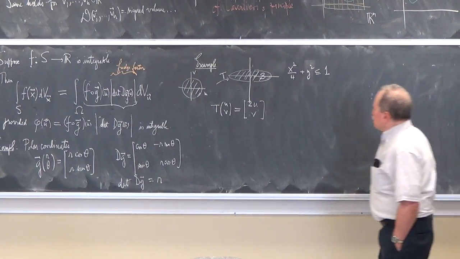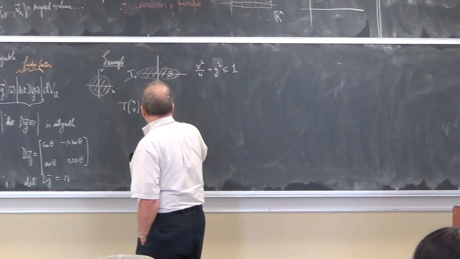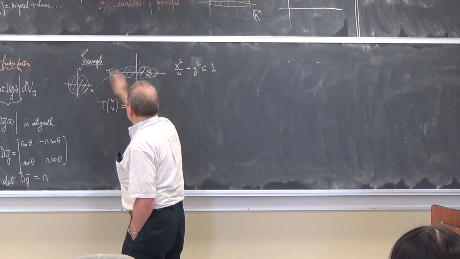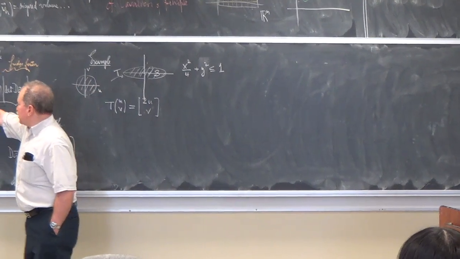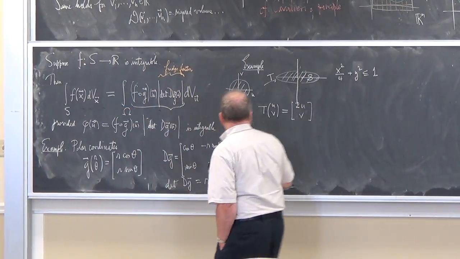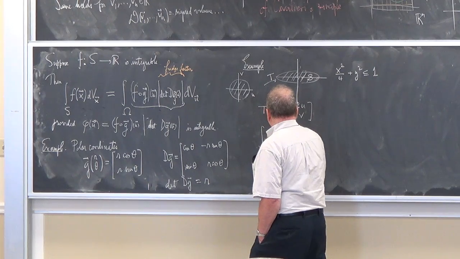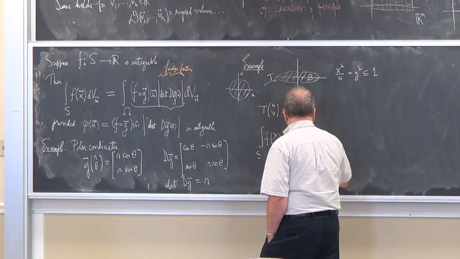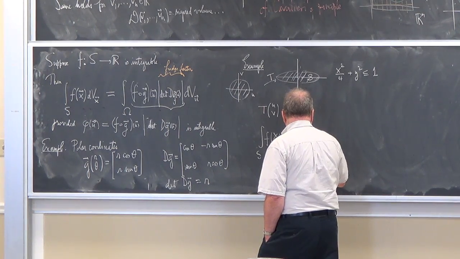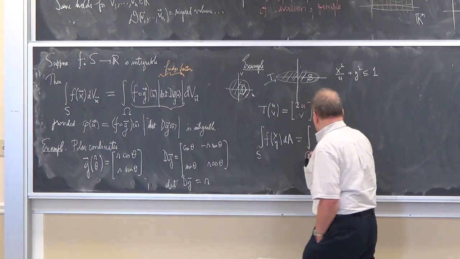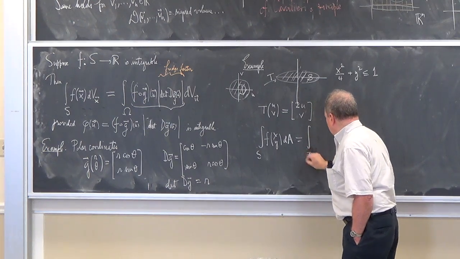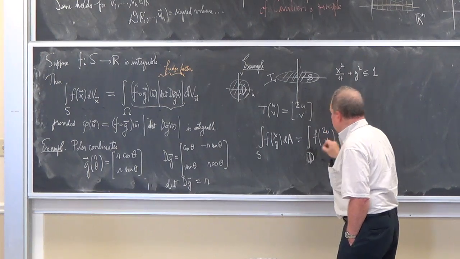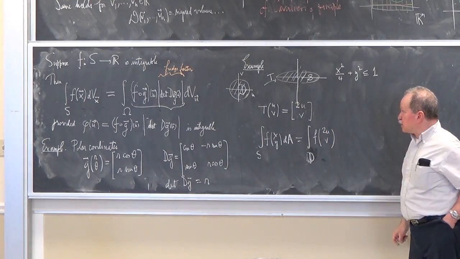Now, if you actually wanted to integrate in practice, how would you integrate? Okay, so what do we see? We see that if you apply the change of variables theorem, integrating over the ellipse would turn into an integral over the unit disk here of f of 2u, v, and then what's the fudge factor?